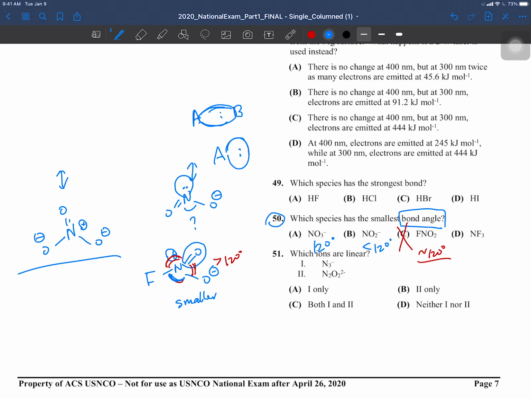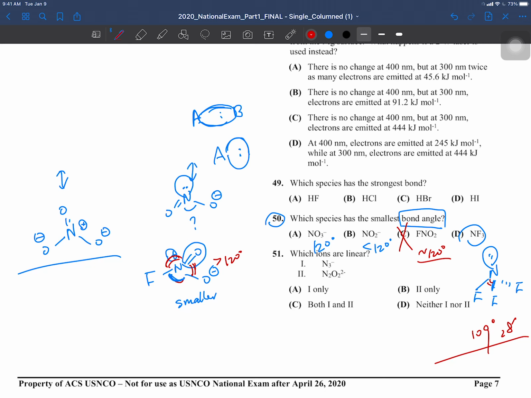So finally, we have the NF3. So wait, what bond angle here? A perfect tetrahedral should give you the number you need to memorize, 109.5, right?